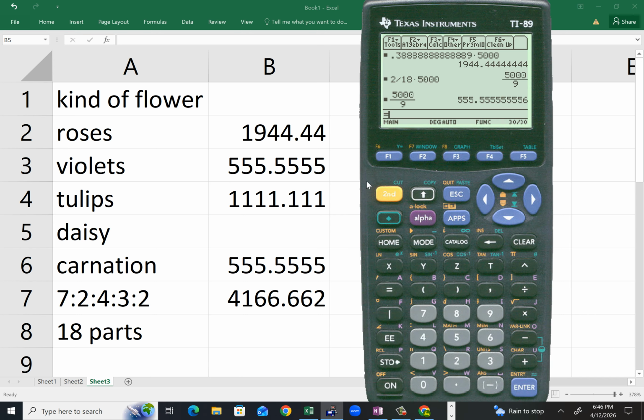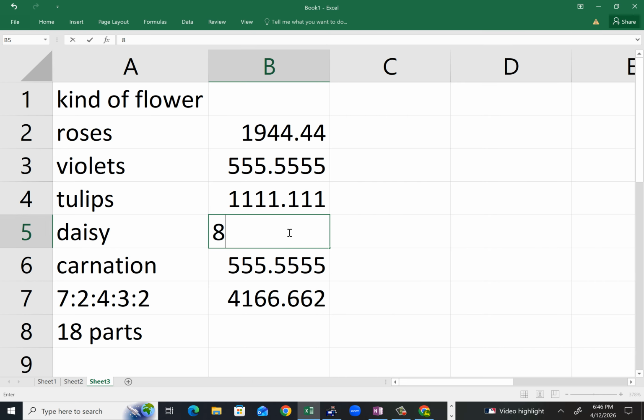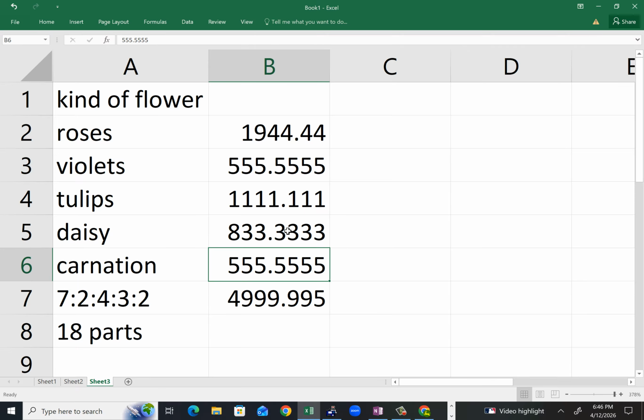So 3 divided by 18 times 5,000 equals 833.333. As you can see, it's 5,000 total. Yes? Nice. So these are our expected.